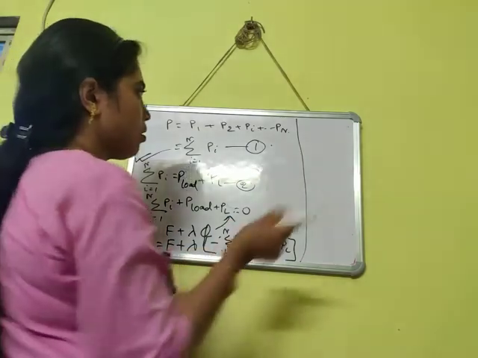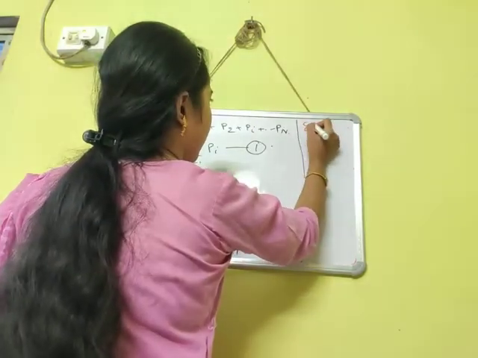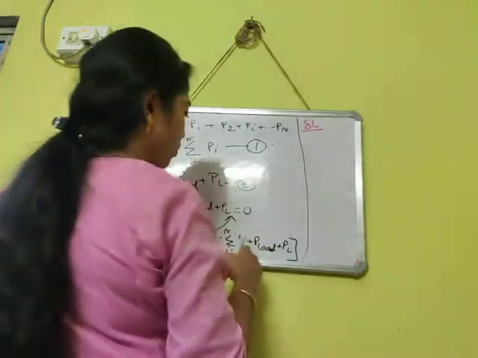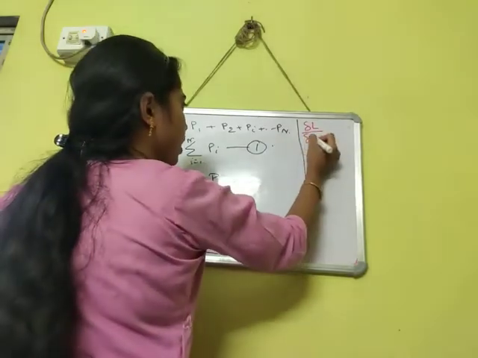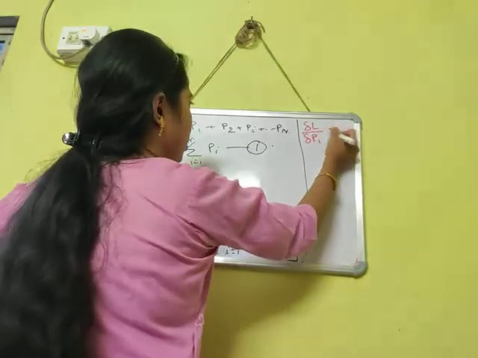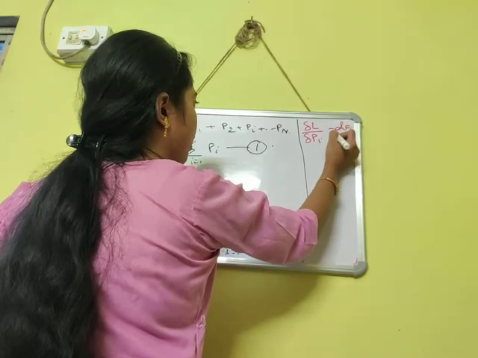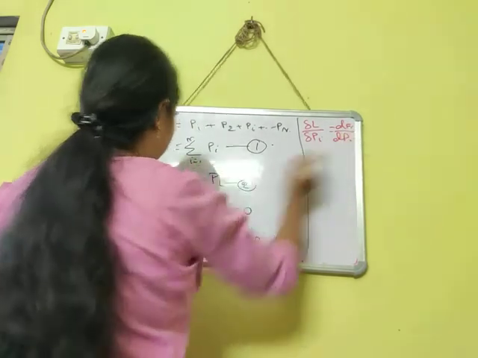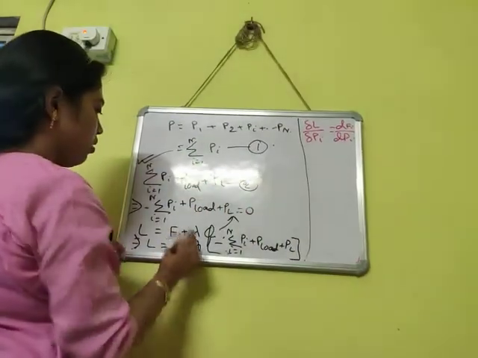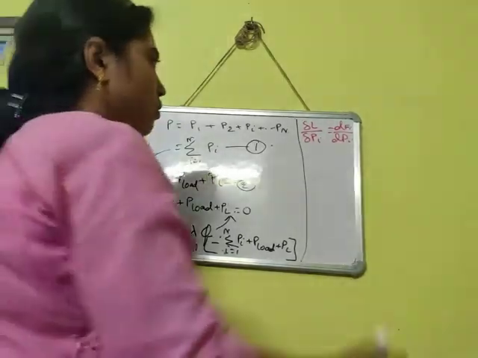it becomes del L by, with respect to generating unit, that means del Pi equals to dFi by dPi, and same thing here, consider for ith number of generating unit.